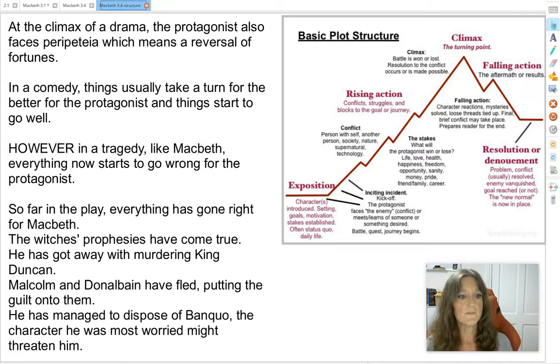However, because it's a tragedy, when you get to the climax, the protagonist faces peripeteia, the reversal of fortunes. What that means for Macbeth is things are going to start to go wrong. And right from the beginning of that party, that feast, that banquet, things start to go wrong for Macbeth.